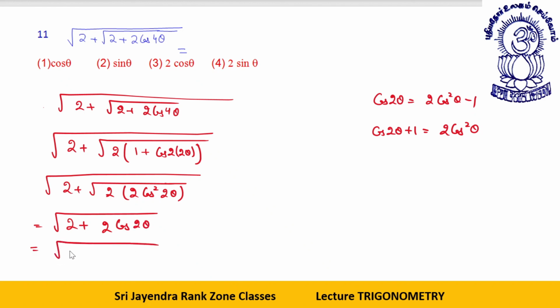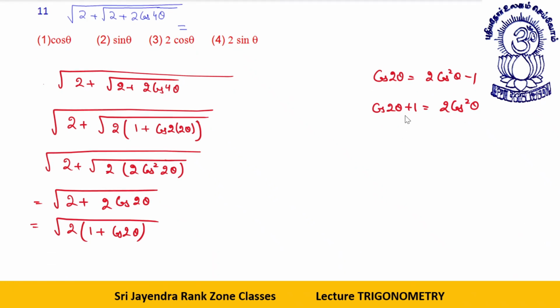From here, I further take a 2 common and write 1 plus cos 2 theta. Now, what is this 1 plus cos 2 theta? Just now I have taught you, we can see a direct formula over here. 1 plus cos 2 theta is 2 cos square theta. 2 into 2 will cancel, so this will give me what? 2 and 2 will come out of a root as a 2.